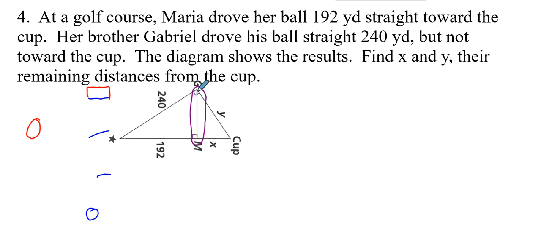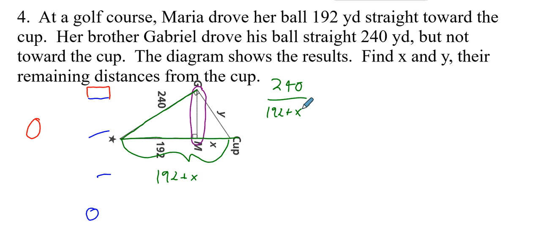So to solve for x, I'm going to use this hockey stick. I have 240 over this length. Well, this length right now is given by 192 plus x. So I have 240 over 192 plus x, and then I have 192 over 240.